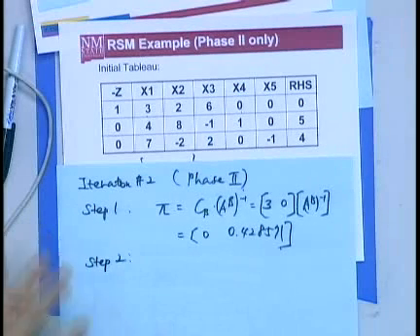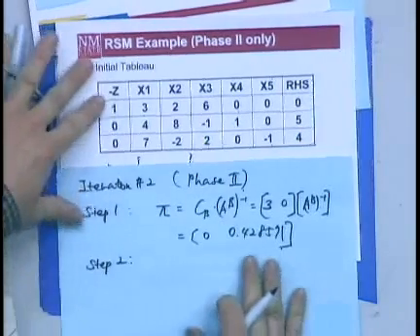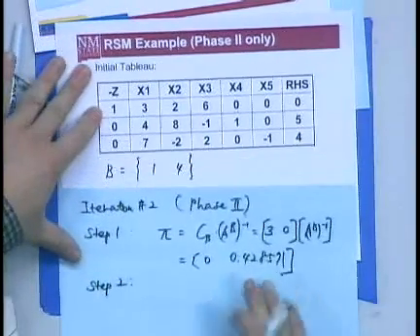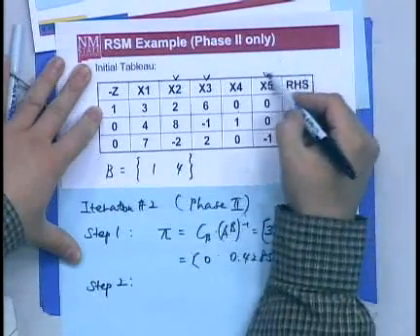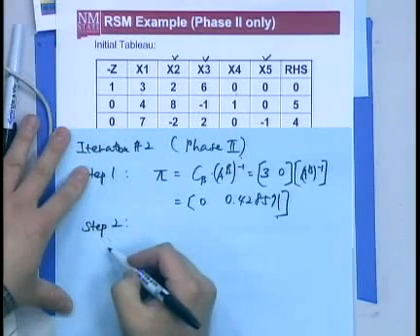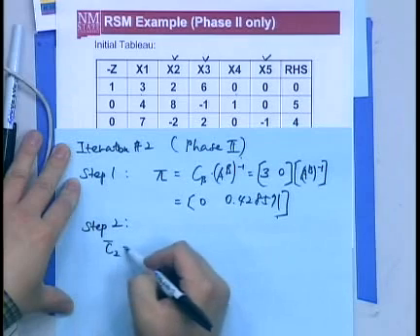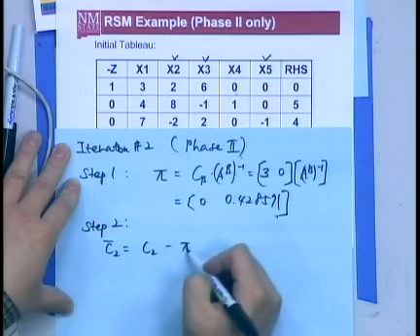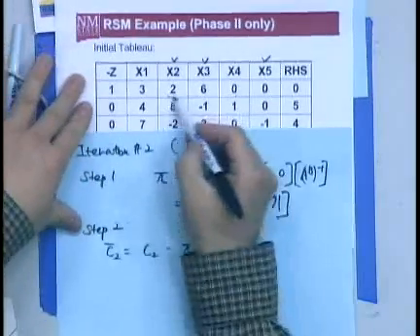And step number 2 is to compute the reduced cost of the non-basic variables. Currently, the non-basic variables are x2, x3, and x5, right? First, the reduced cost for the x2 variable: C2 is 2, right?